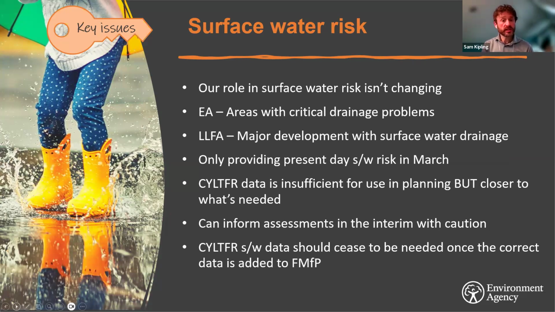So whilst the Environment Agency does continue to be a statutory consultee on development in areas that we've designated as having critical drainage problems, we have made clear in our Q&A document that the new data itself won't define areas with critical drainage problems, and there are no immediate plans for us to use the new data to define new or amend existing areas with critical drainage problems for development planning purposes. We currently only have such designations in Devon and Cornwall, and in each case, local standing advice is already in place.